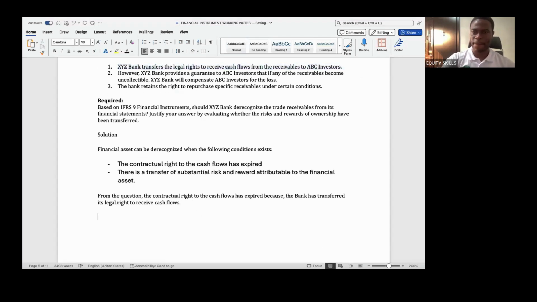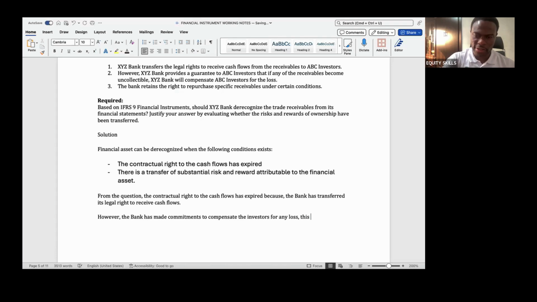Number two, additionally, however, the bank has made commitments to compensate the investors for any loss.